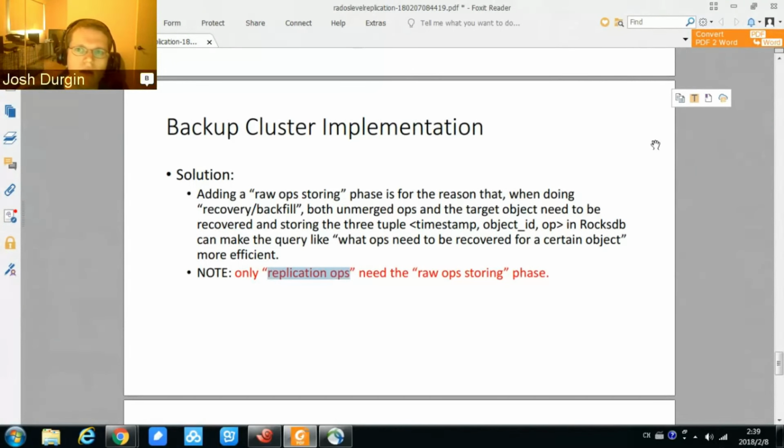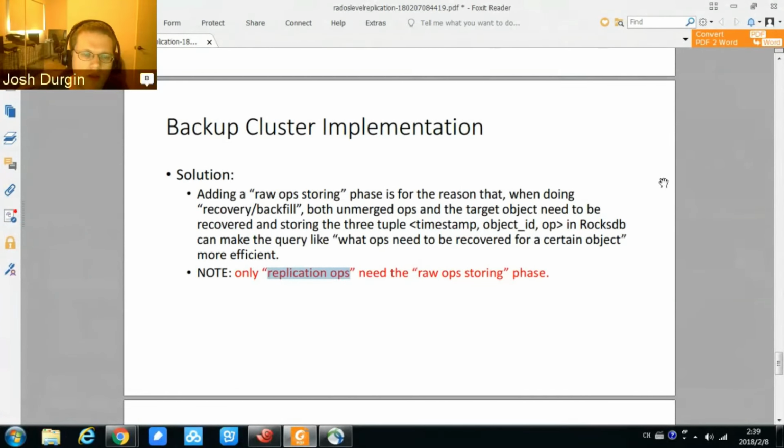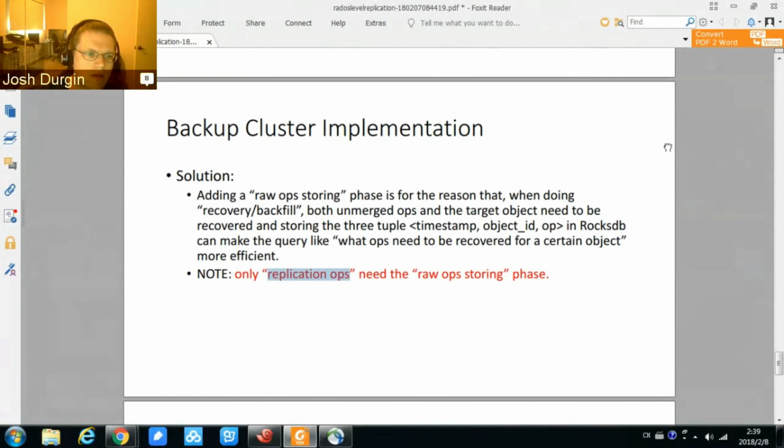So that is like restating that you're talking about storing these replication ops in a log in RocksDB on the backup cluster. I'm sorry, I didn't hear clearly. So I guess I'm asking, are the replication ops that you're talking about storing in the backup cluster itself, or are they in the main cluster?